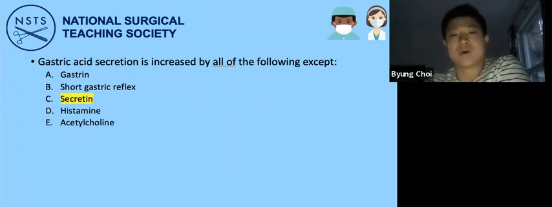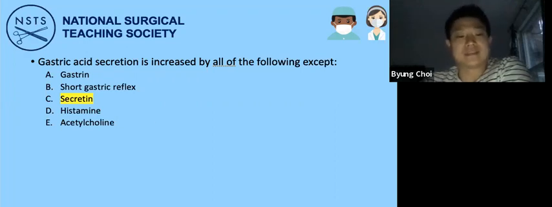Now, hopefully from the previous example questions, you would have known that at least A, gastrin, D, histamine, and E, acetylcholine, do in fact increase gastric acid secretion. So it leaves us between B and C, secretin or the short gastric reflex.